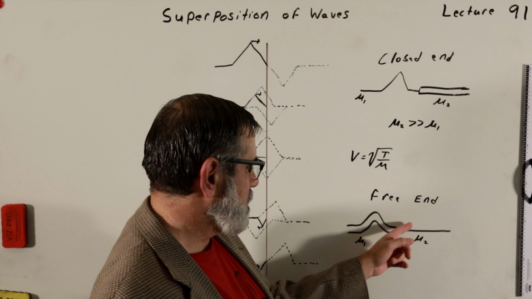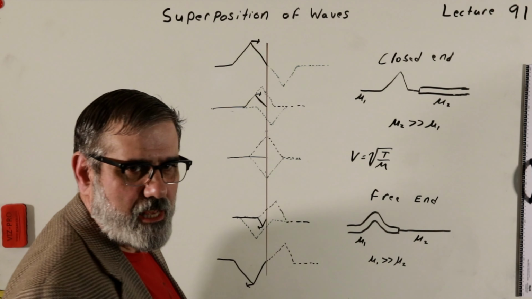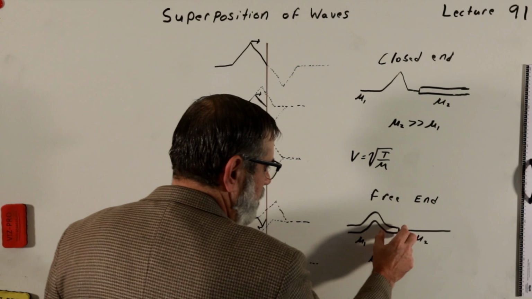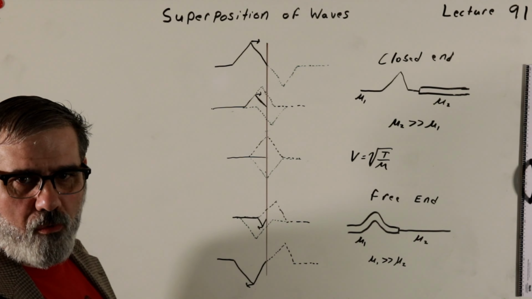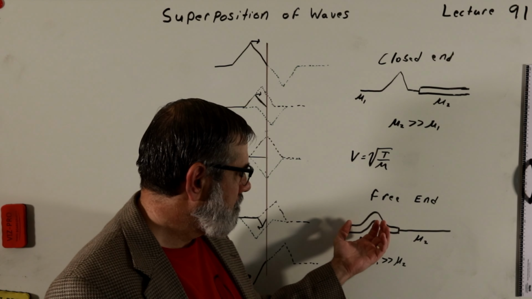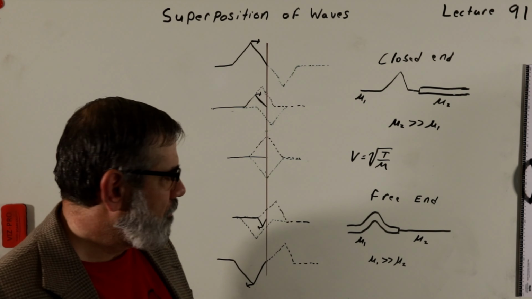You can imagine what happens as this pulse approaches this string, right? This almost infinitesimal mass string is going to offer no resistance whatsoever. So as this wave pulse approaches, it's not going to have any trouble moving this point up. So we can assume that it's going to basically have the same amplitude. Whatever A is here, it's going to have basically the same amplitude when it gets to this little string.